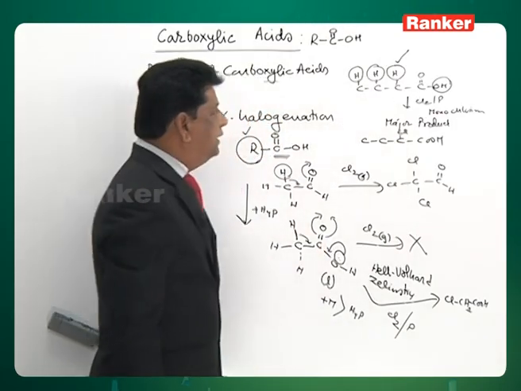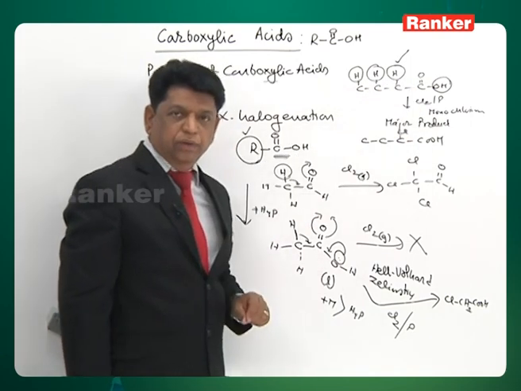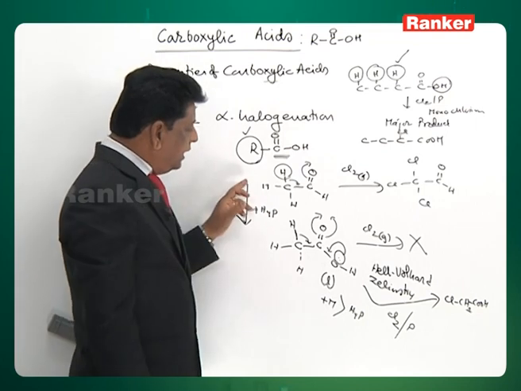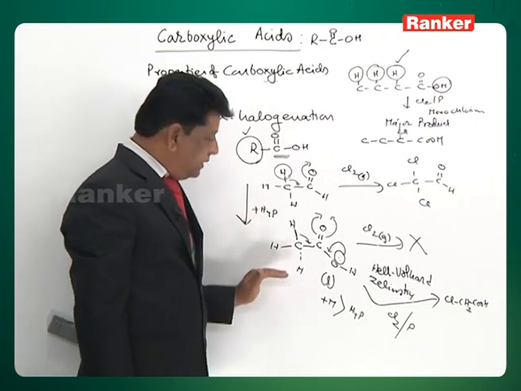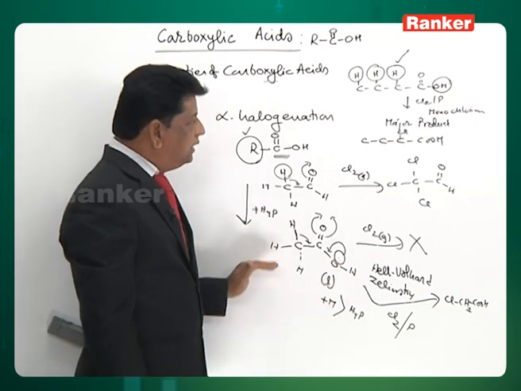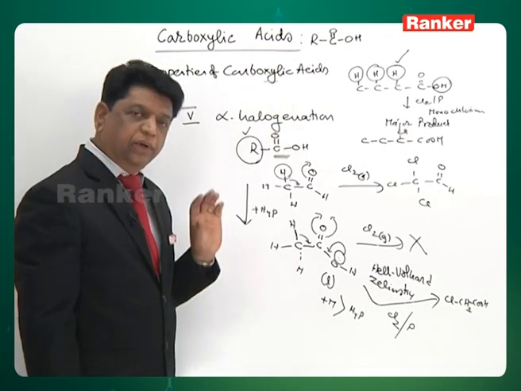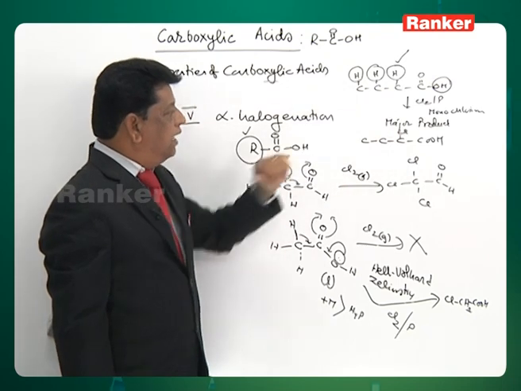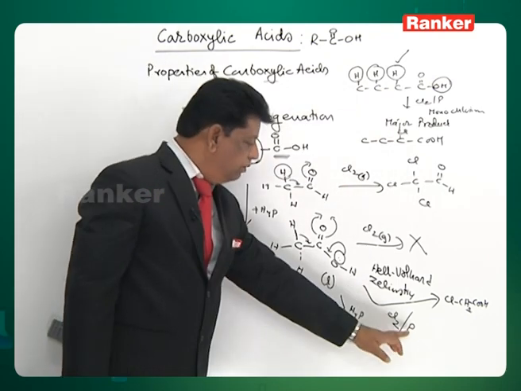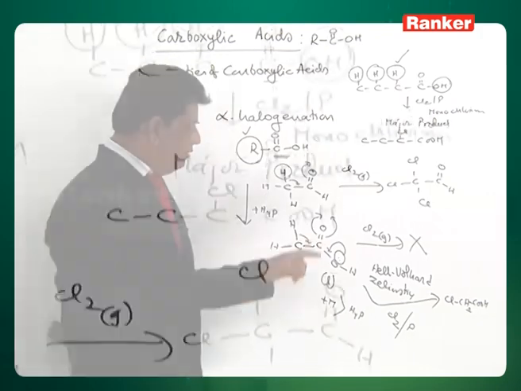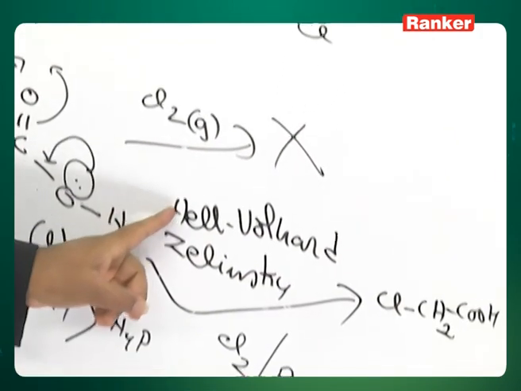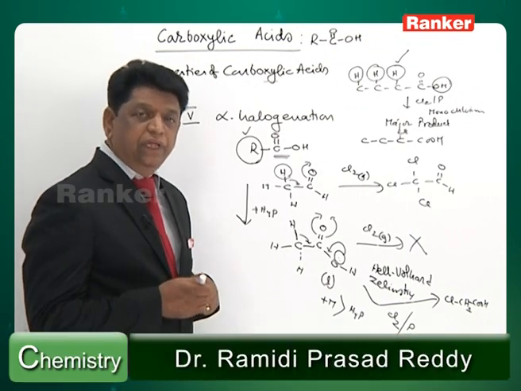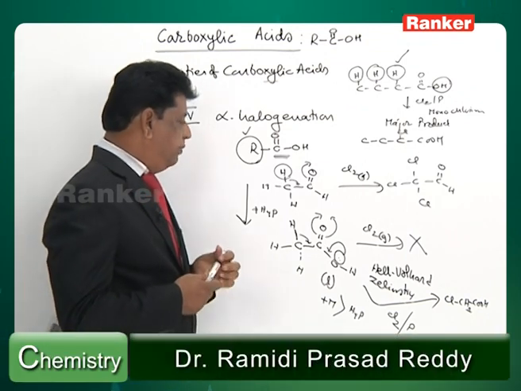This is the right answer, because these hydrogens are in hyperconjugation. Therefore, the reaction takes place at the second carbon. Though I said that hyperconjugation is suppressed by the mesomeric effect, still the reaction takes place, and hyperconjugable hydrogens are preferable over normal hydrogens. Therefore, alpha halogenation was promoted by the presence of phosphorus, which is specifically called the HVZ reaction, a very popular reaction used for the preparation of alpha amino acids.